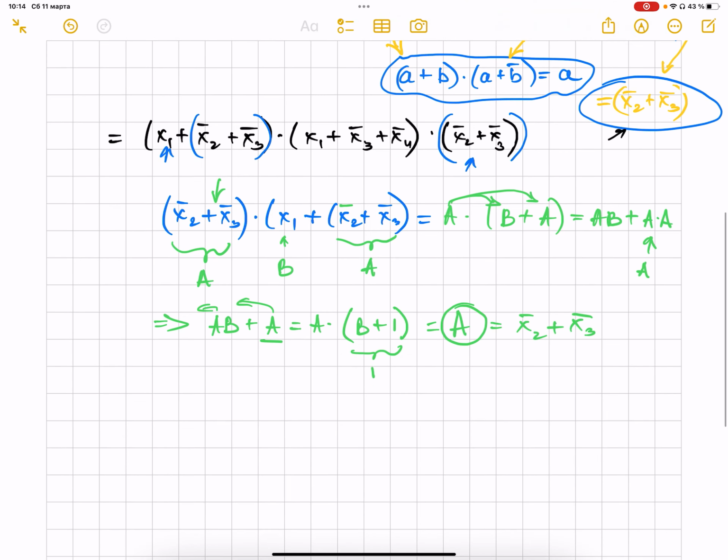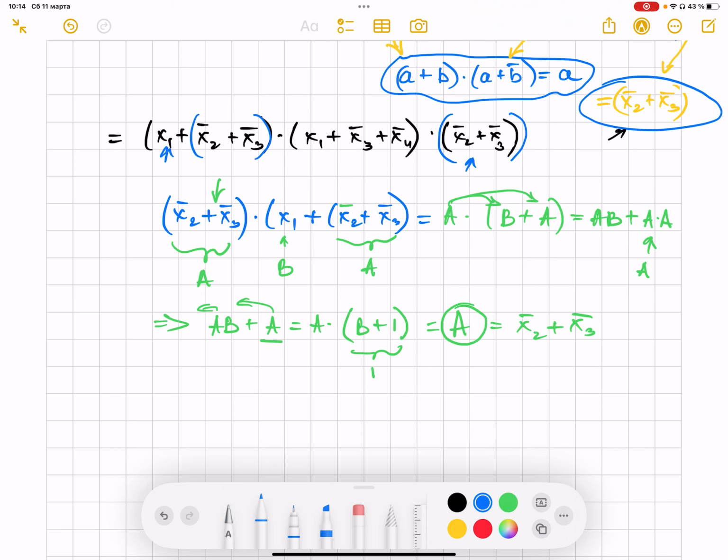So what does it mean? Instead of writing this expression and this expression, let's write in a different color, we've proved that the multiplication of these two is going to be x2 bar plus x3 bar.